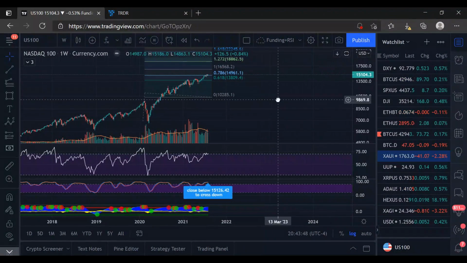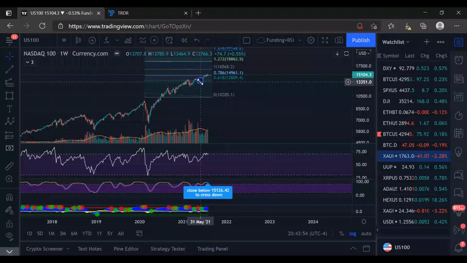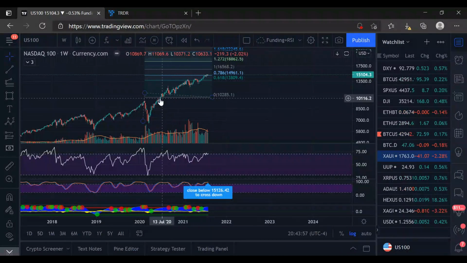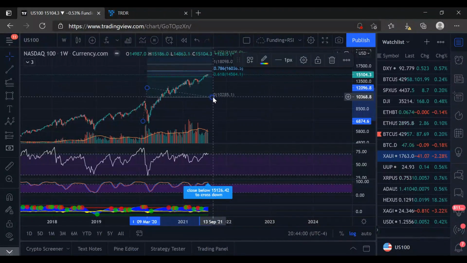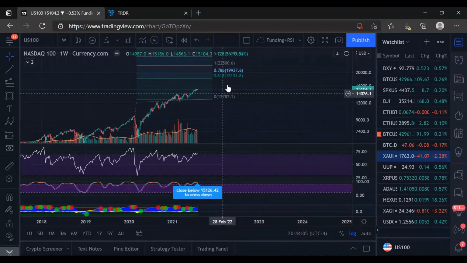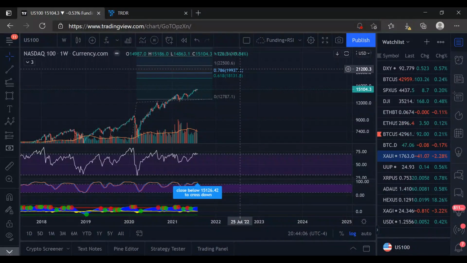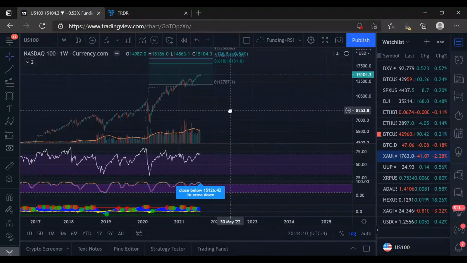Wait, we repeat this whole leg right here. Up there, consolidation, bing. Take a measurement of that, what that would look like. $22,000. Oh man, that would make everybody sick.